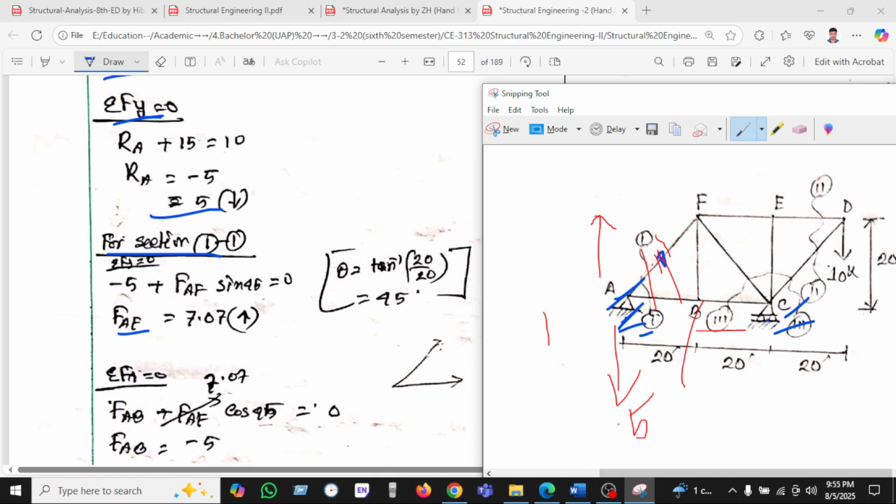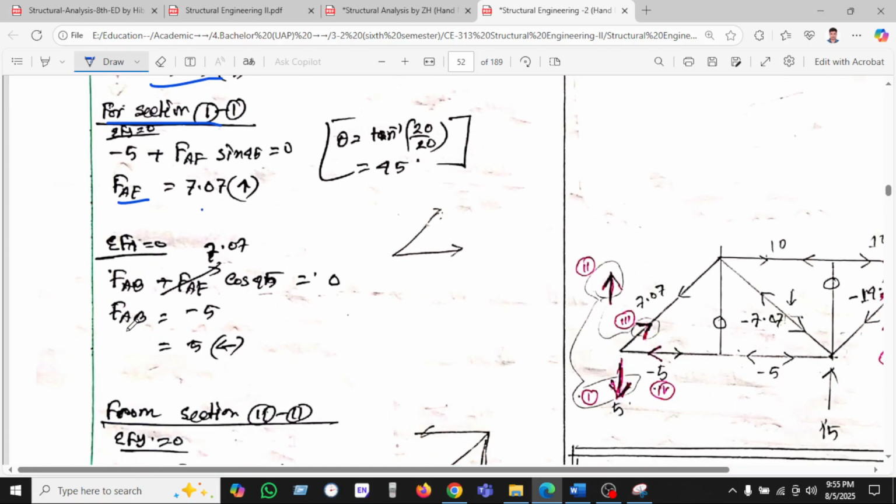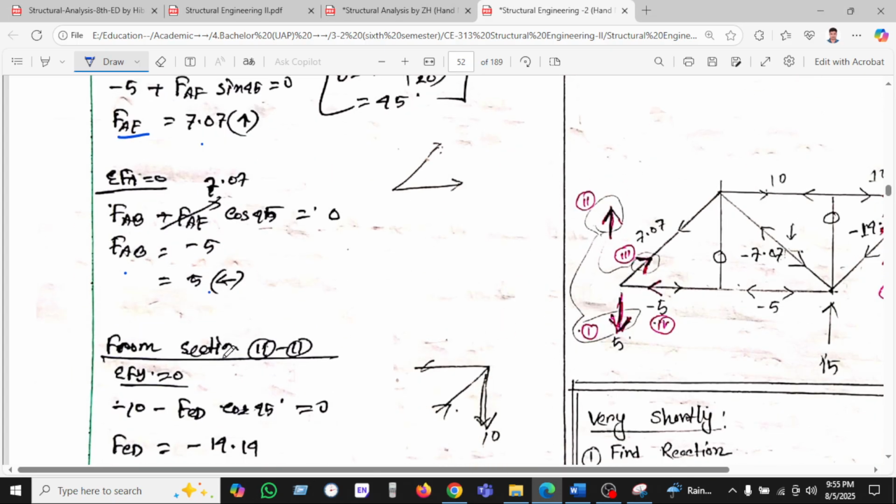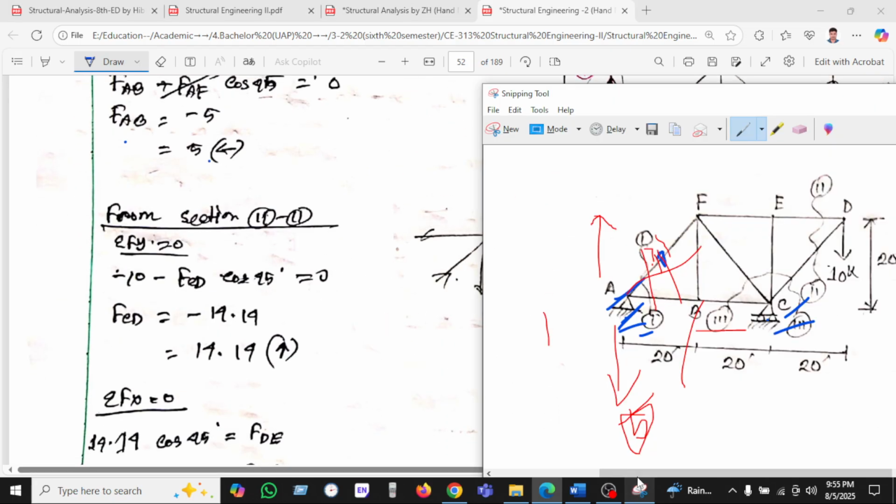As the load 5 is downward, that's why the member is acting upward. And then we calculate the summation of forces at A, and find FAB equal to -5.